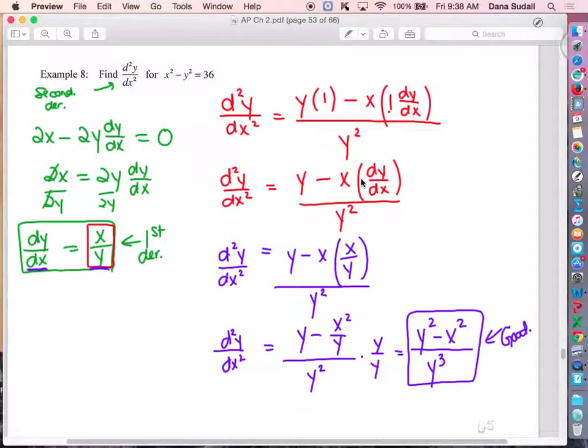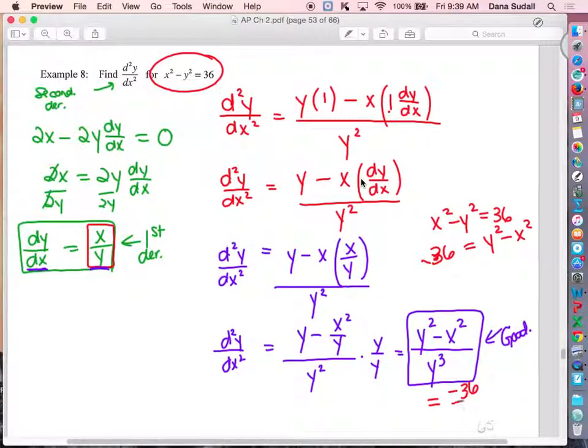You won't see this in the back of the book. They'll do a little bit more simplification. If you go back to the original problem here, I have x squared minus y squared equals 36. If I rearrange that, I'll have negative 36 equals y squared minus x squared. So what they'll do is they'll take this y squared minus x squared out of the top and replace it with negative 36 over y cubed.